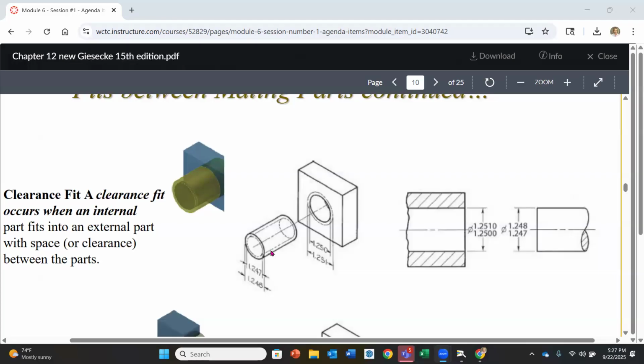So if I go over here and I say my smallest hole, 1.25, and I subtract off my largest pin, 1.248, what do I get? 2/1000, positive or negative? Hole minus pin. Positive. So is that a clearance or an interference? Clearance, right. My smallest hole is still larger than my largest pin or my largest shaft.